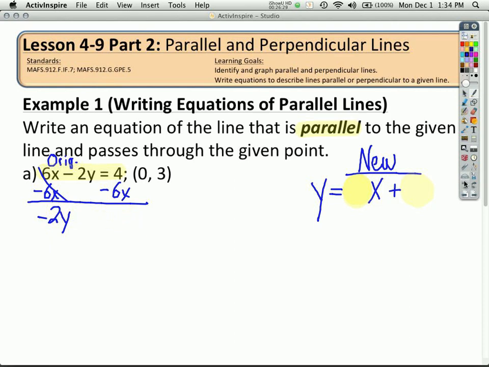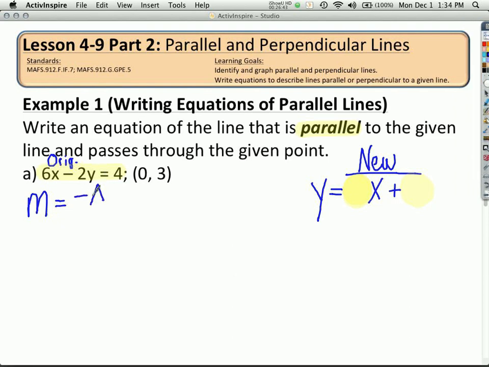And we're going to use the quick little formula m equals negative a over b, the opposite of a over b. So, m equals the opposite of a over b. Now you are writing along with me. Now we're all working together. A, of course, is right here. So the opposite of a would be that.